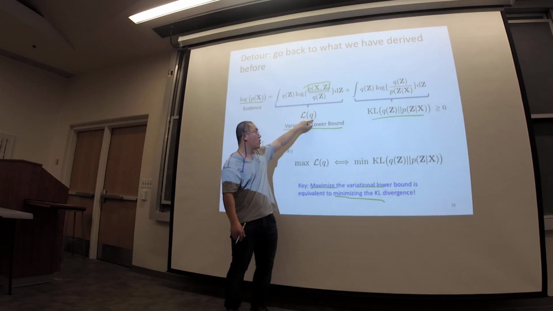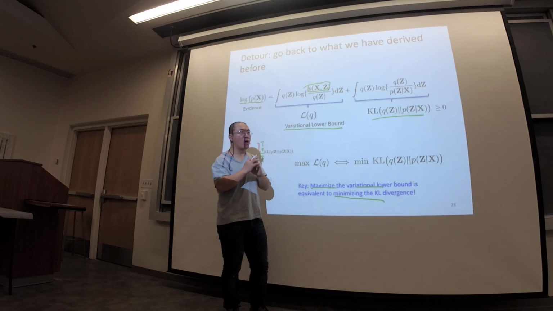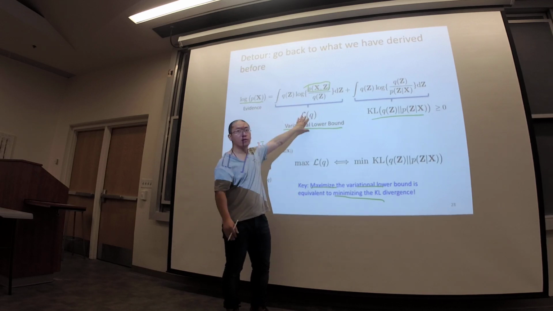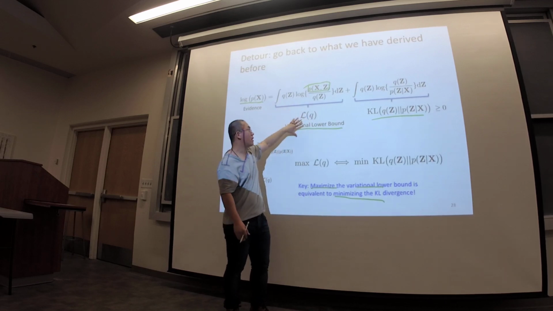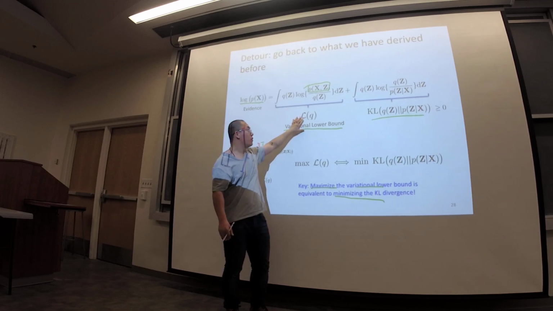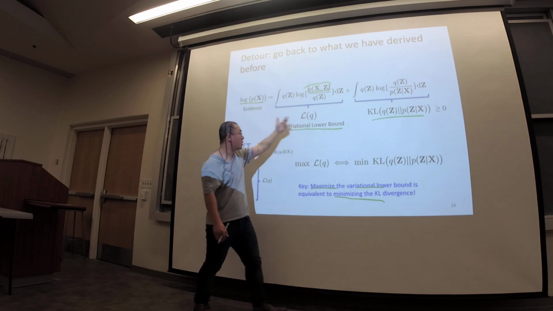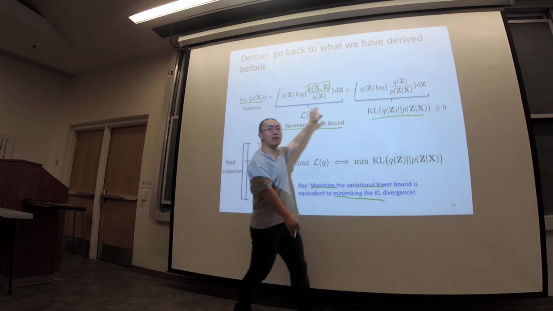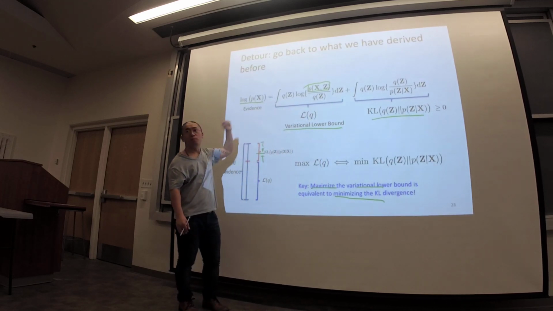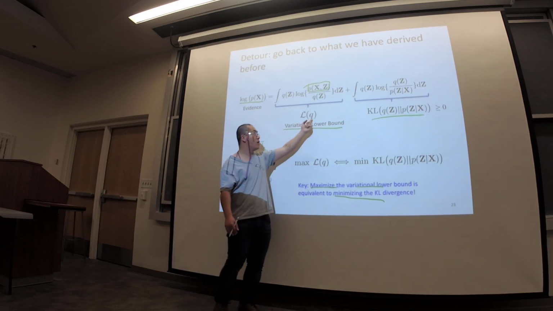In our case, we introduce this auxiliary distribution Q of Z. If we do not put any constraints on Q of Z, then when you maximize this lower bound, conceptually you can still recover the evidence. Why? Because if you set Q to be the true posterior, it is equal to the evidence. But in practice, I have to restrict the family of Q.